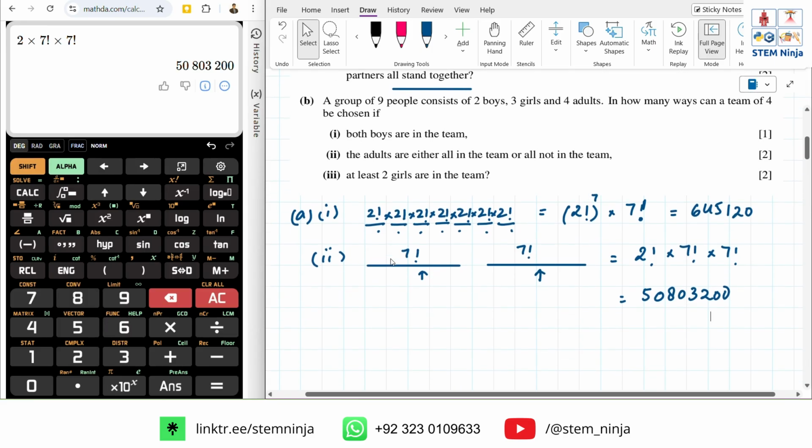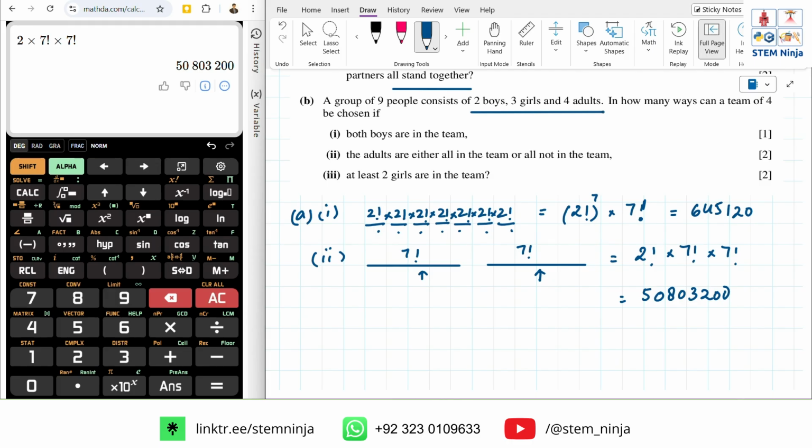Part B. A group of 9 people consists of 2 boys, 3 girls, and 4 adults. In how many ways can a team of 4 be chosen if both boys are in the team? Okay, this is fairly straightforward. You need a team of 4 people, and both boys are on the team.